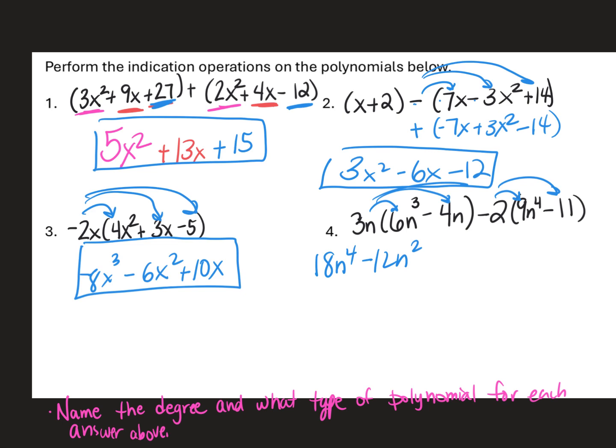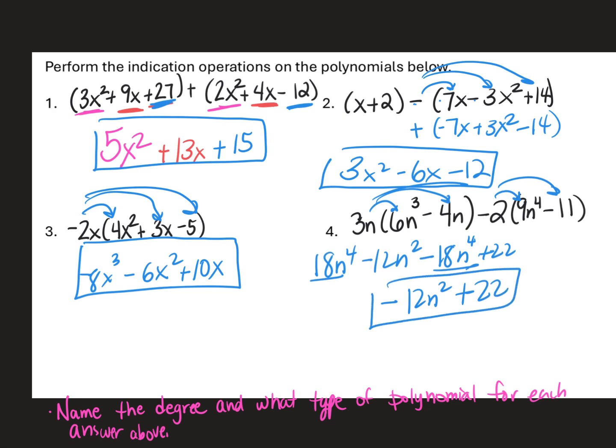Negative 2 times 9n to the fourth is negative 18n to the fourth. And then negative 2 times negative 11 is positive 22. Now when I combine like terms, those go away, and I'm left with negative 12n squared plus 22. That would be the answer to that question.